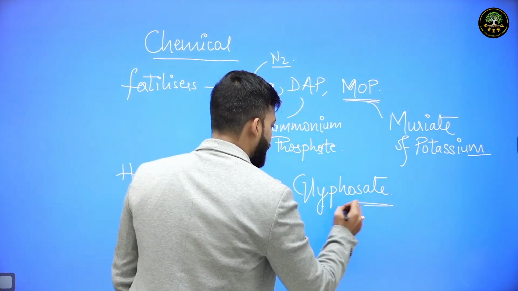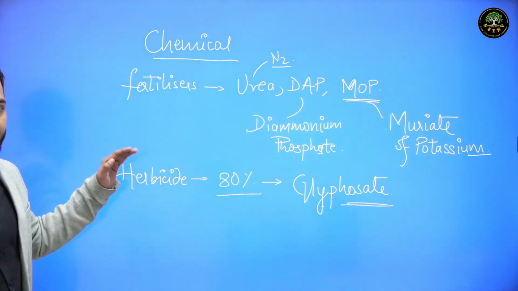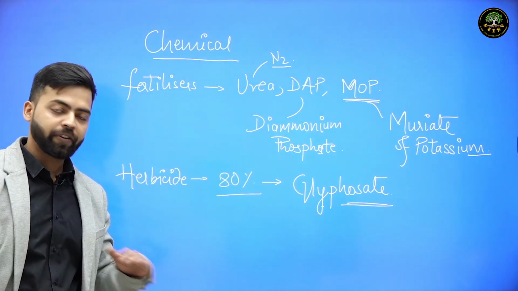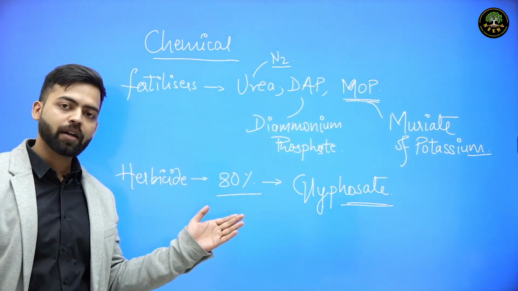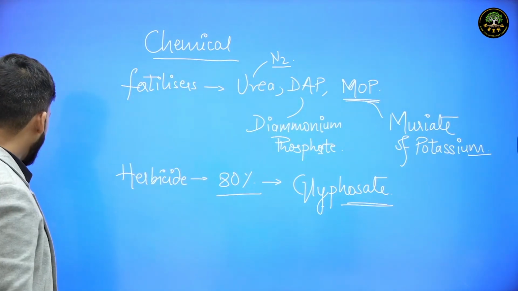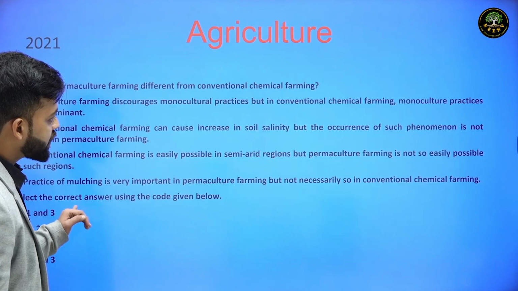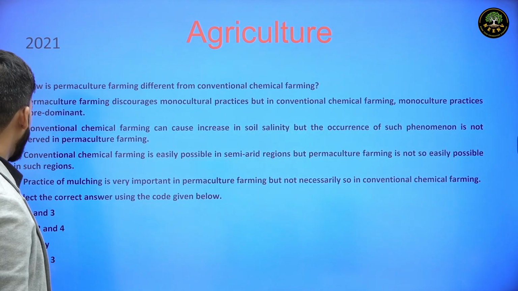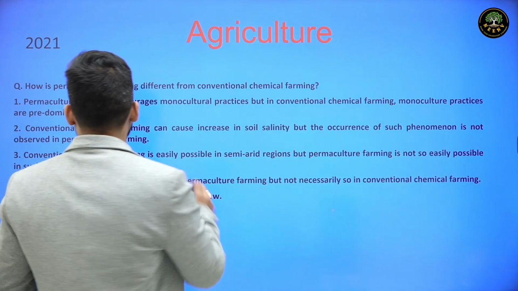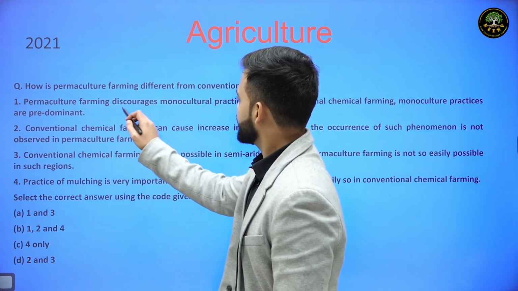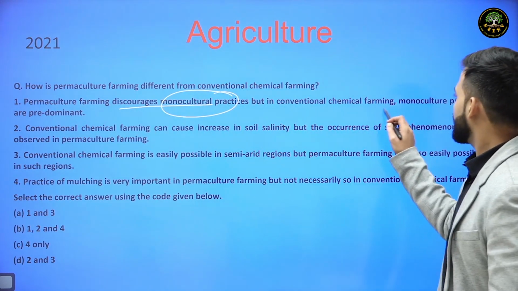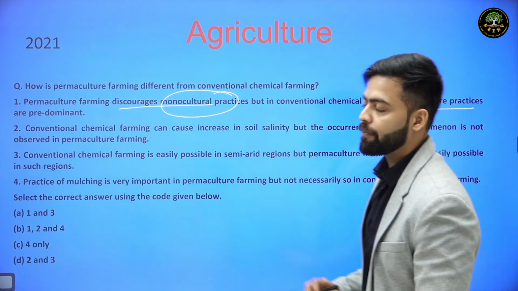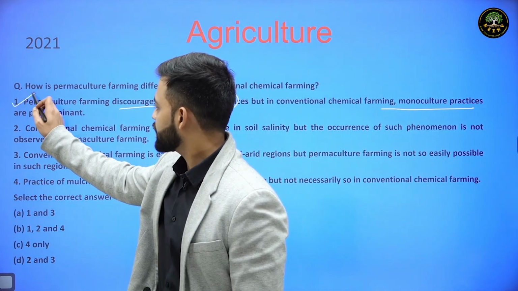So what we require is intense preparation of the field as far as chemical farming is concerned, but in case of permaculture farming, we do not require such preparation. Hence, permaculture farming discourages monocultural practices, but in conventional chemical farming, monoculture practices are predominant. So this statement is correct.